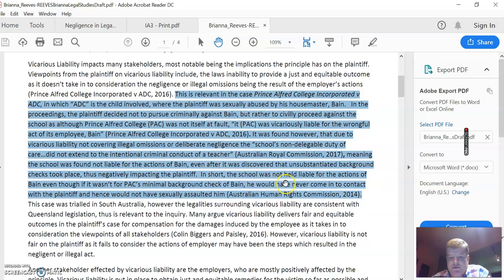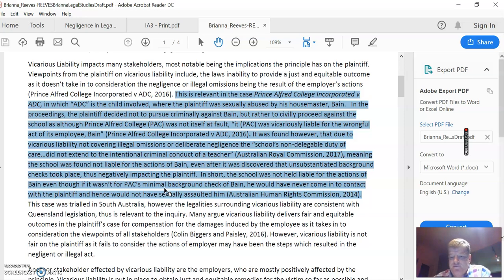So in short, the school was not held liable for the actions of Bain, even though if it wasn't for the school's minimal background check of Bain, he would never have come into contact with the plaintiff and hence would not have sexually assaulted him. So the facts of the case were that it was that sexual abuse.